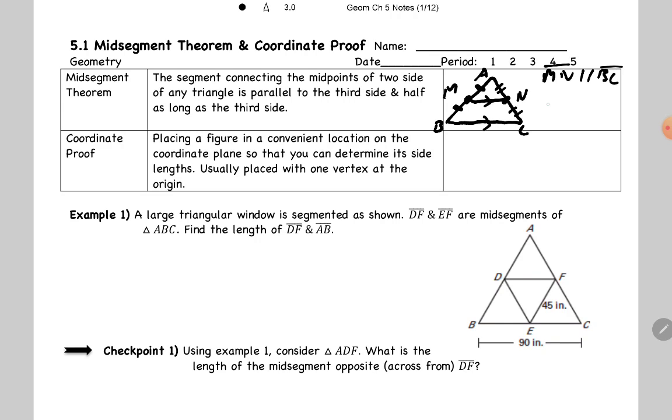And then also, this theorem says that the length of MN is equal to 1/2 the base there, BC, or third side. Another way to look at it is 2 times MN is equal to BC, the length of BC.